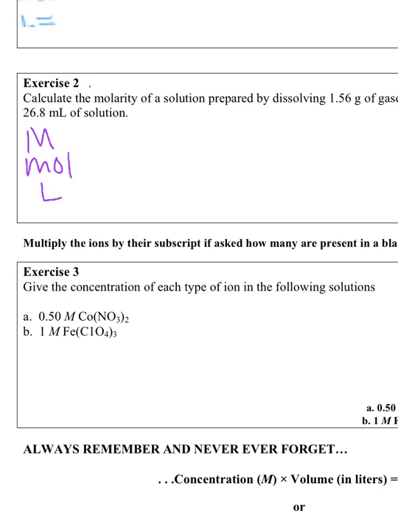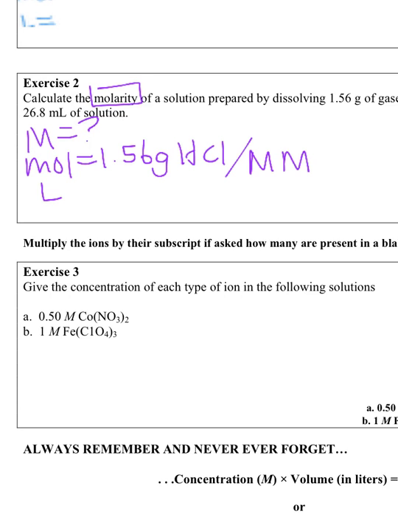I'm solving for molarity, so this would be my question mark. I have 1.56 grams of HCl. I'm going to convert that to moles by dividing by the molar mass of hydrochloric acid. And then this says my volume is 26.8 milliliters. Notice that your unit is milliliters.